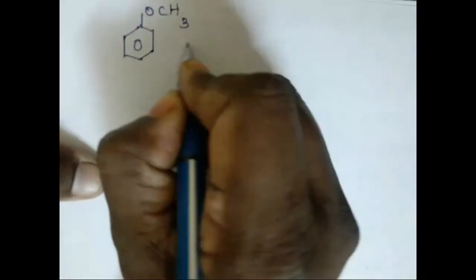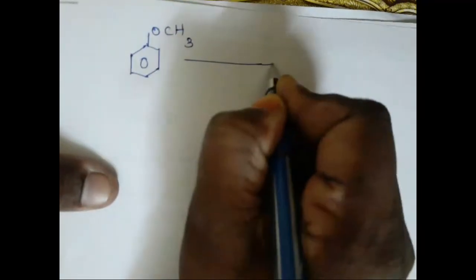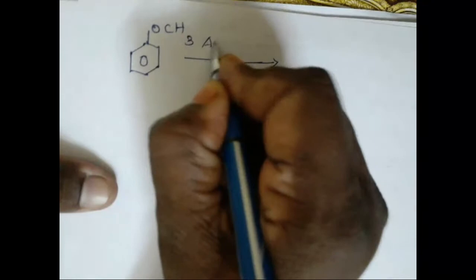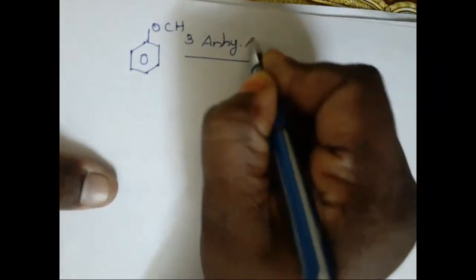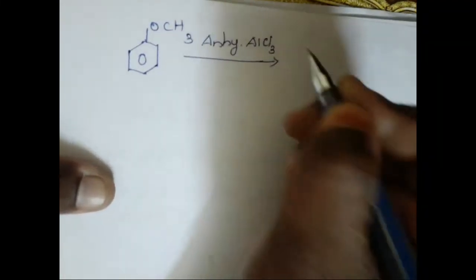Now we have to see one more reaction, that is Friedel-Crafts alkylation and acylation in case of anisole. We are going to take anisole. It will undergo Friedel-Crafts reaction. As you all know, in case of Friedel-Crafts reaction, we have to take anhydrous aluminium chloride as the catalyst.